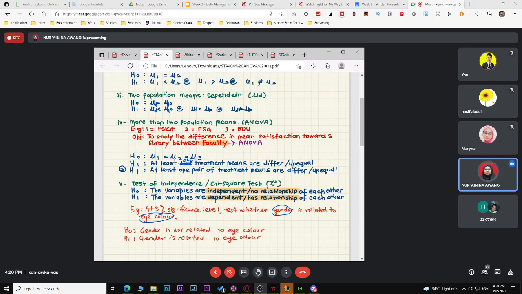In the case of the difference in mean satisfaction toward the library between faculties, faculty is categorical but mean satisfaction is numerical, so you need to use ANOVA, since we have one categorical and one numerical variable. But if both variables are categorical, you need to solve the question using the chi-square test.